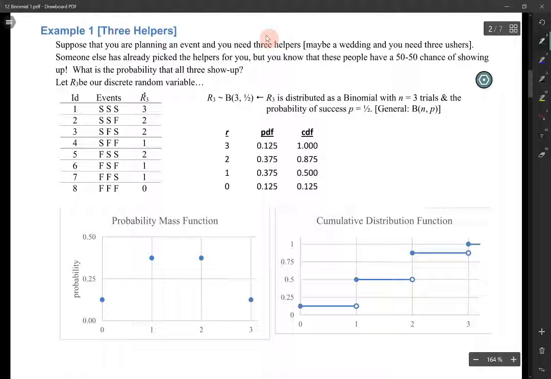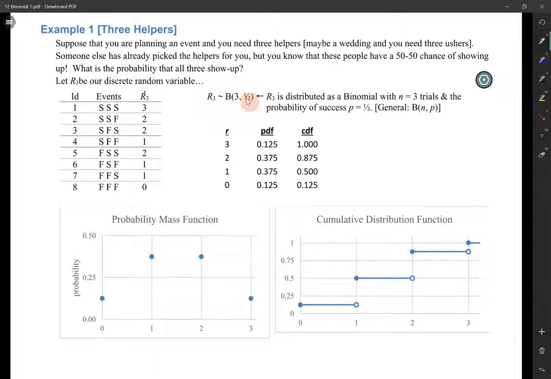They're not roommates. They're all different families, independent ways to get there, and so forth. So then we can use the binomial distribution. In fact, we will use this particular member of the family of binomial distributions, the (3, 1/2). So n equals 3, and the probability of success is equal to 1/2. This is also the same as a coin toss, 3 tosses of a fair coin, right?